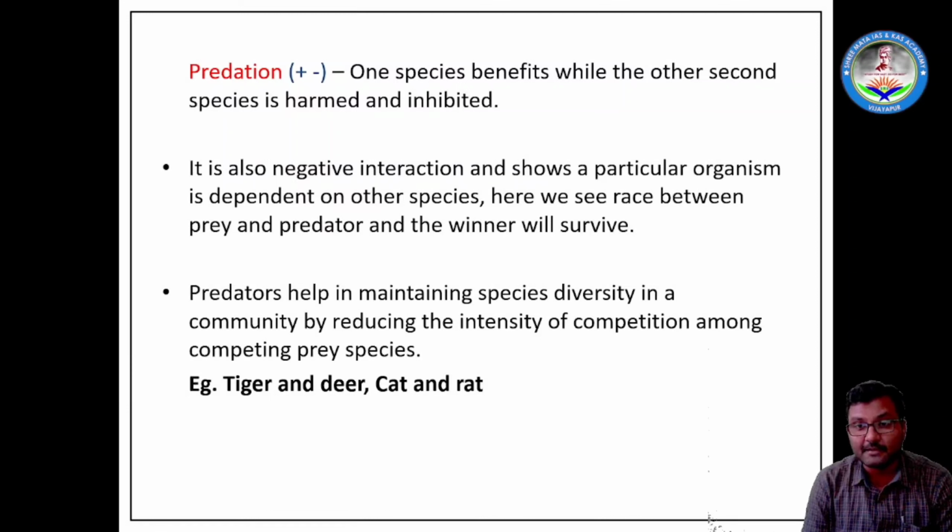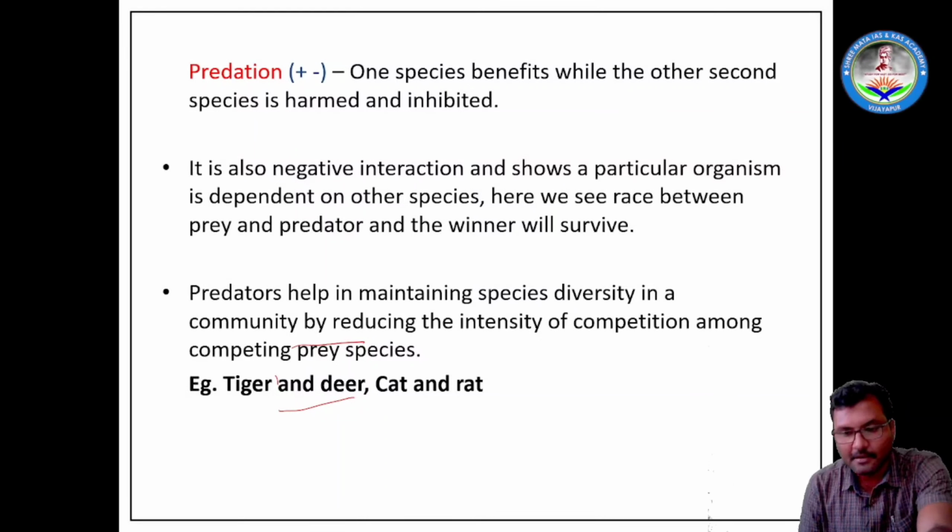Here we see a race between prey and predator, and the winner will survive. Predators help in maintaining species diversity in a community by reducing the intensity of competition among competing prey species. You take here tiger and deer, cat and rat.